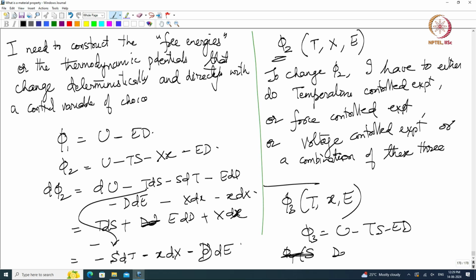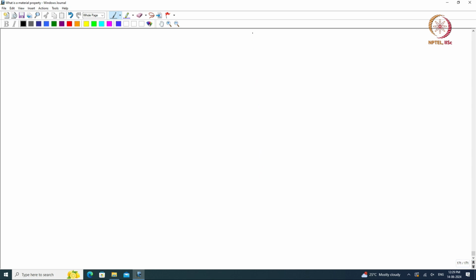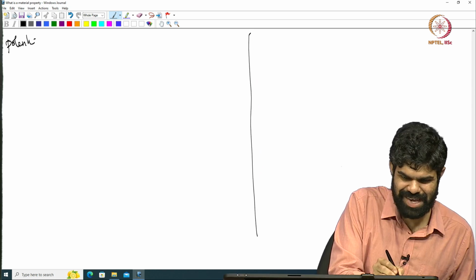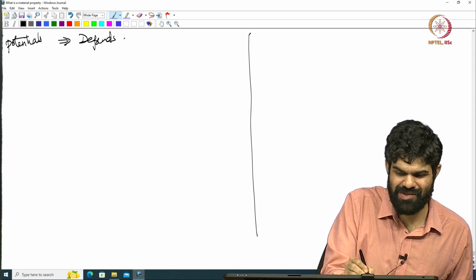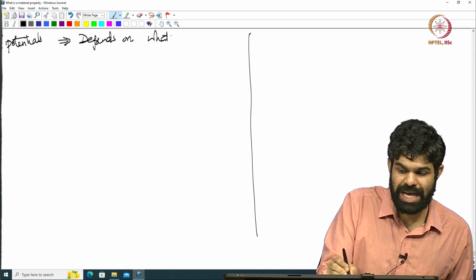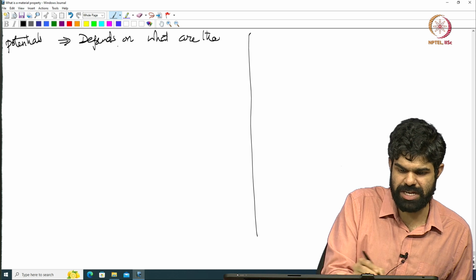So, you can define various such thermodynamic potentials, and that depends on what are the accessible control variables.